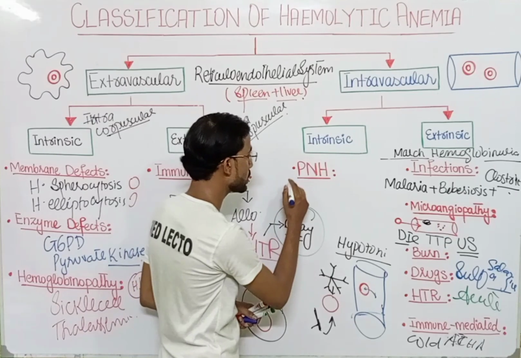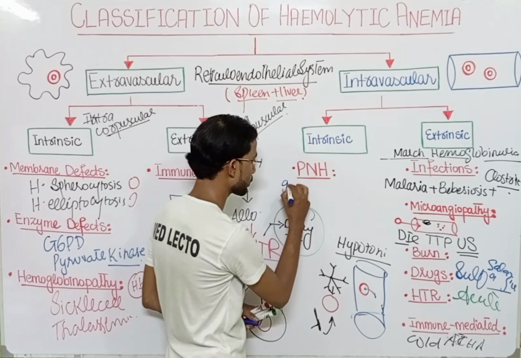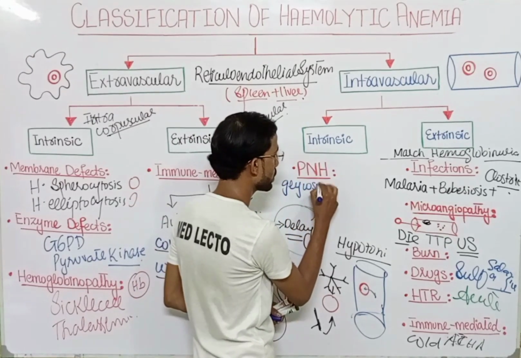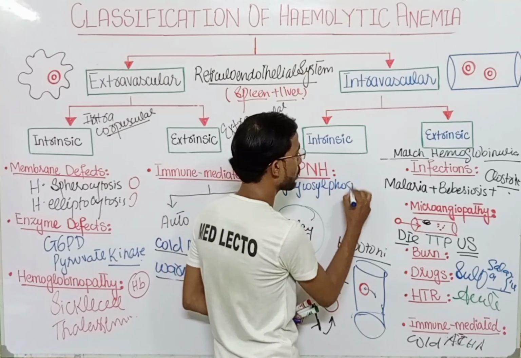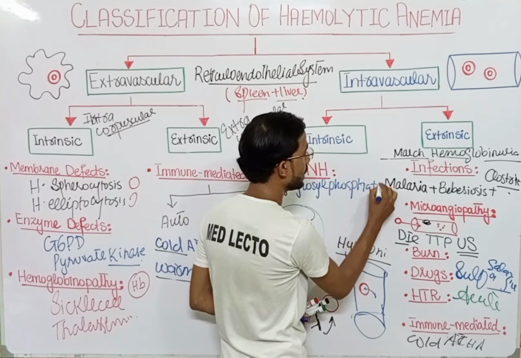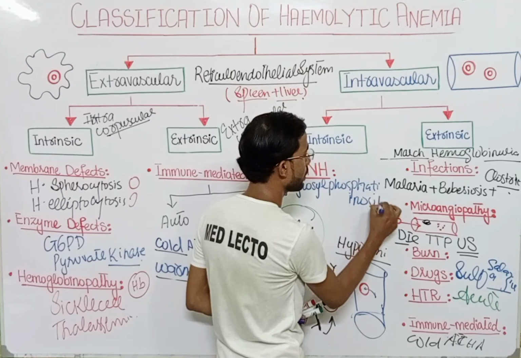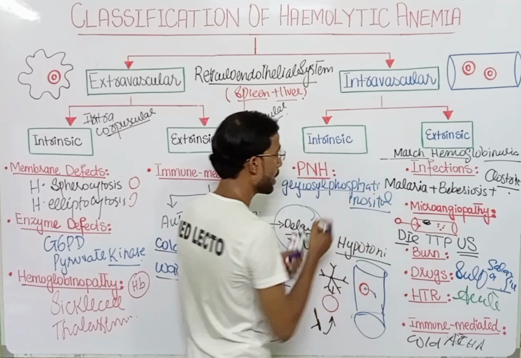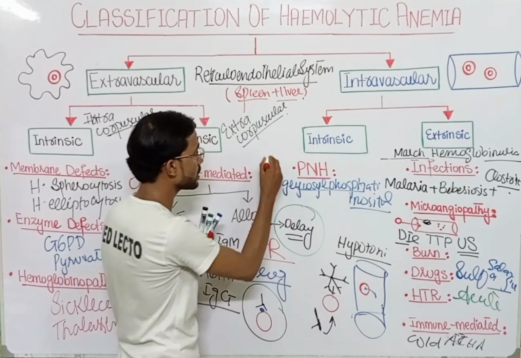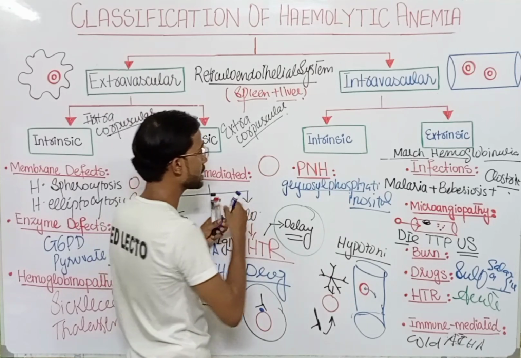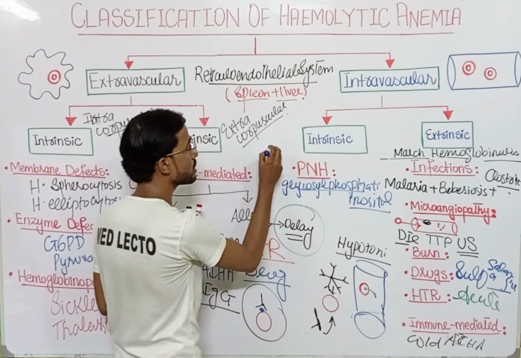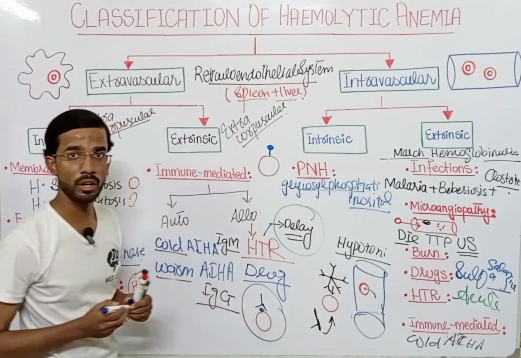So actually you see the proteins, that is the glycosyl phosphatidylinositol, that is present on the surface of the RBCs. If you see here, this is the RBC, and glycosyl phosphatidylinositol is present.